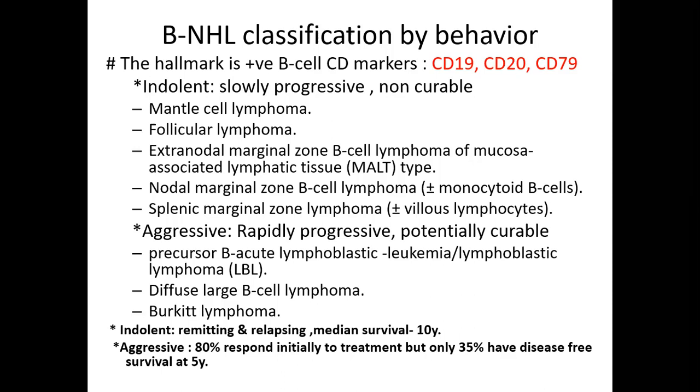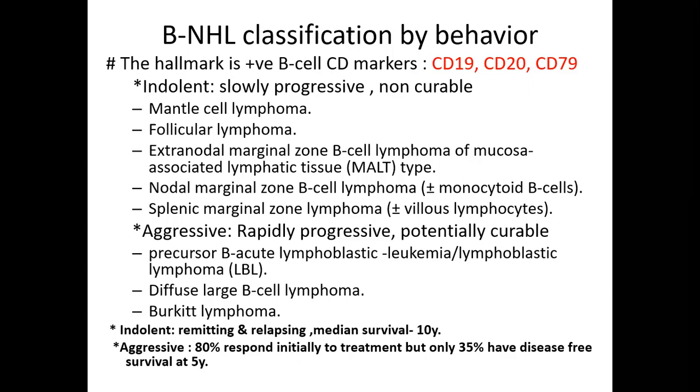it behaves like lymphoma, or it can behave as acute leukemia. We have also from the aggressive group, the diffuse large B-cell lymphoma, which is the most common type of non-Hodgkin lymphoma. And we have the Burkitt lymphoma, which is a very aggressive non-Hodgkin lymphoma that usually affects children and young people.